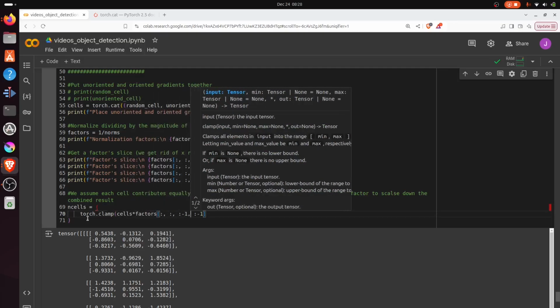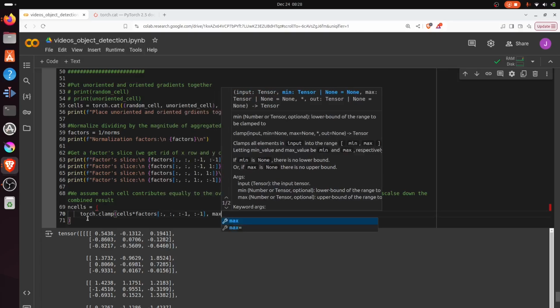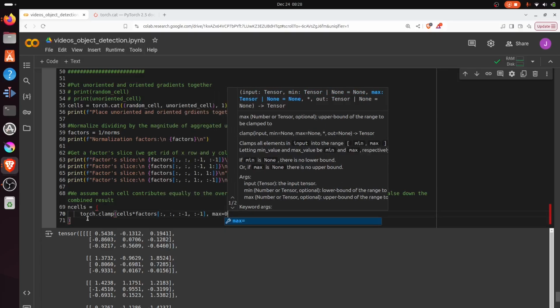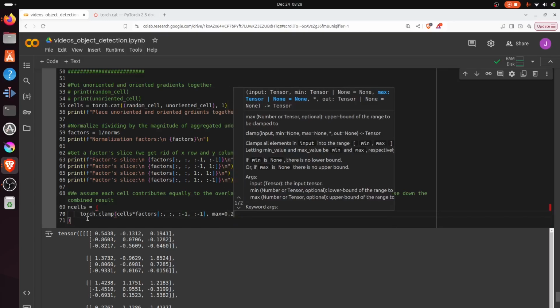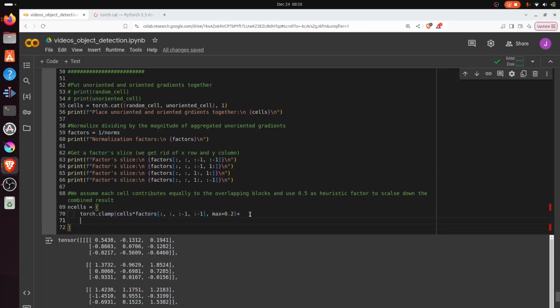and we are going to place an upper bound of 0.2. Fantastic. So what we're going to do is add this to the other 4 equivalent contributions.